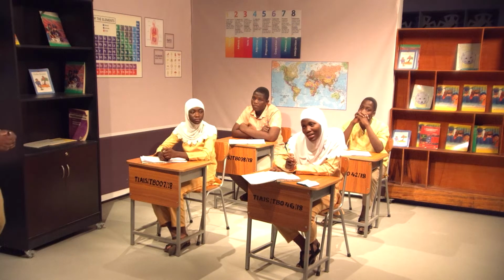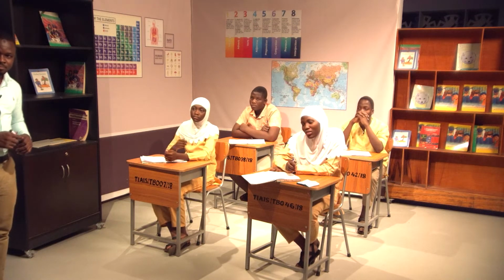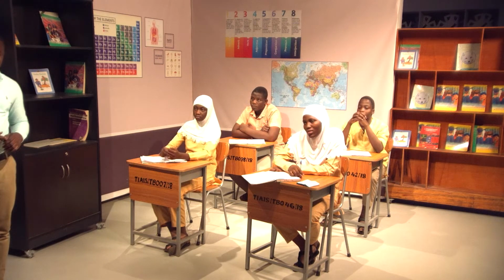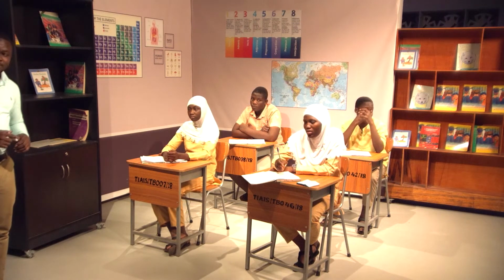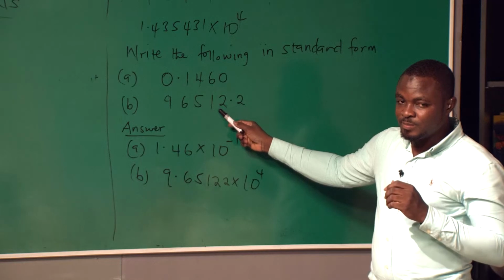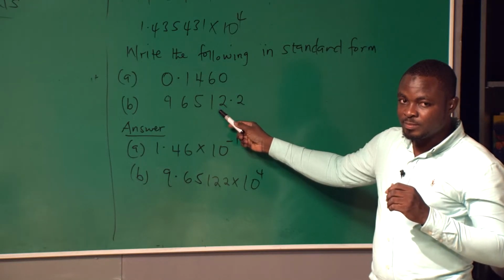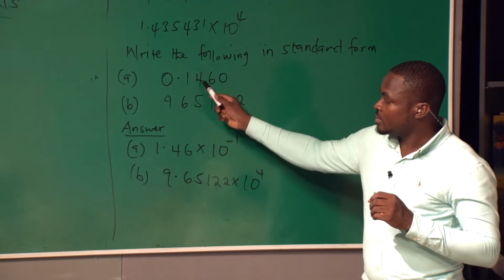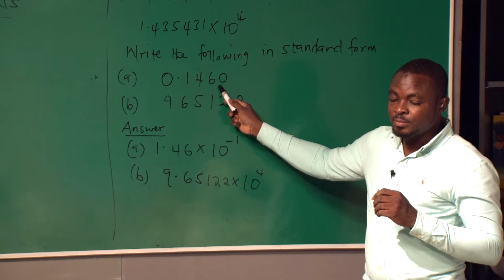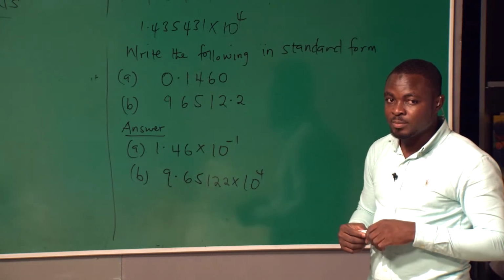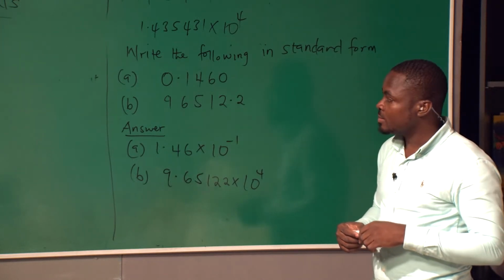Yes. A, if you move it once, it's not possible to write 10 exponent -1? If you move it this way, like when you have 0.1460 and we want to standardize it, we write 1.46 times 10.